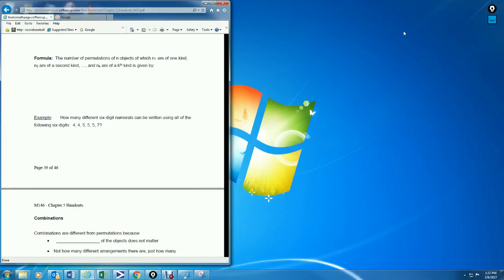All right, so the formula for this, the number of permutations of n objects, where we have n1 of one kind, n2 of the second kind, and so on.